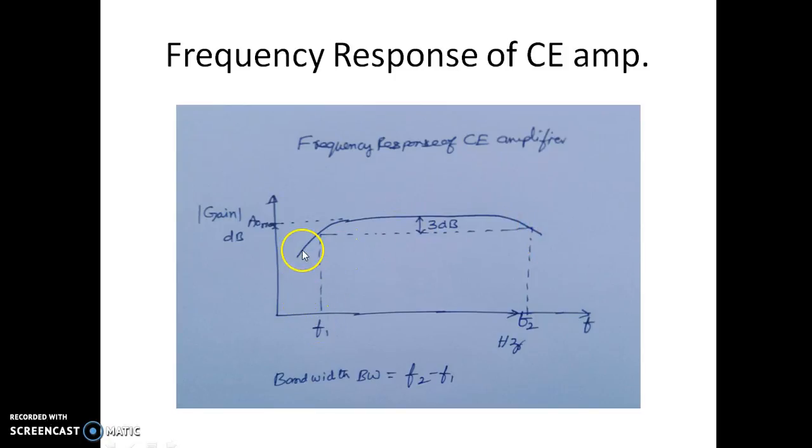When the frequency is low, the gain is less. As the frequency comes in the mid band, the gain is maximum. When the frequency increases further, the gain again reduces. We'll see in the next classes why the gain is less for low frequencies, why the gain is low for higher frequencies, and why only at mid frequencies you're going to get the maximum gain.